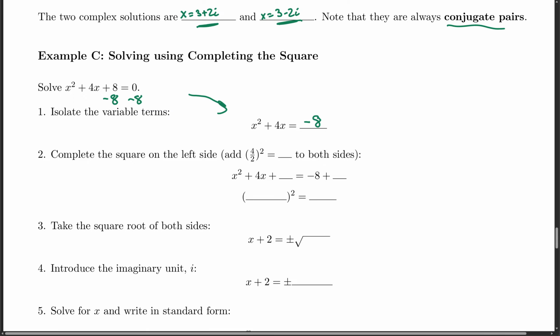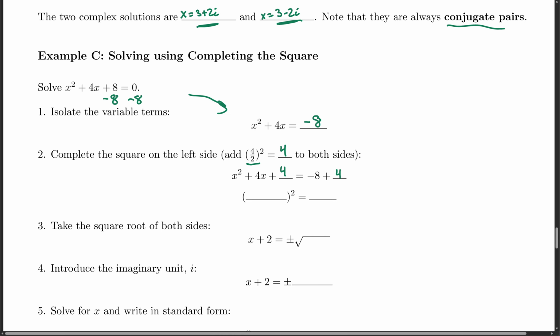Completing the square, we're going to add b over 2 squared to both sides, so they'd show us b is a positive 4, so 4 over 2 squared, which is the same thing as 2 squared, which is the same thing as 4 to both sides. So I'm going to add a 4 here and here.